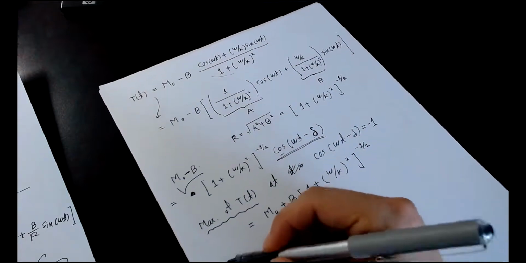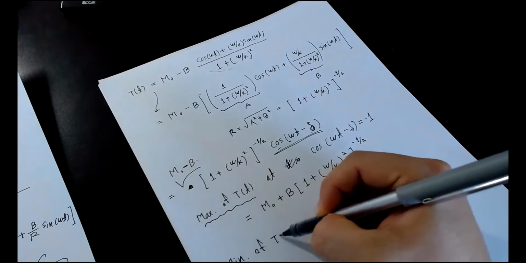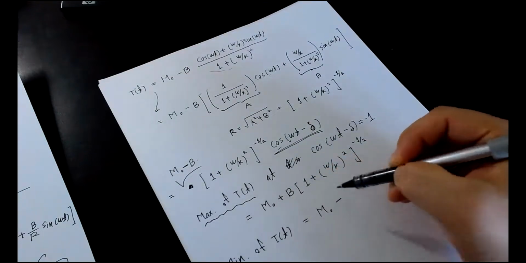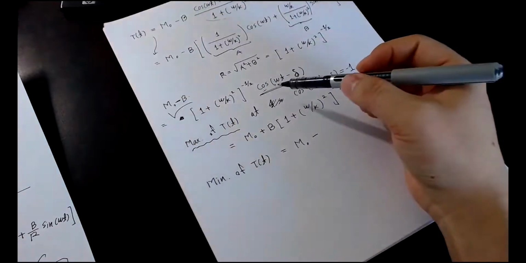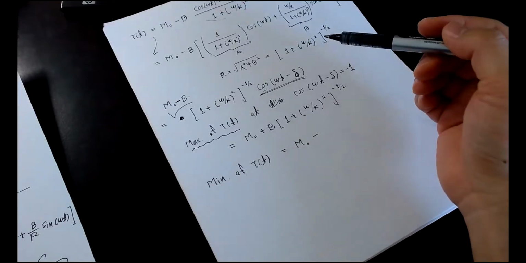And the minimum temperature T is equal to what? We're going to get the minimum temperature T when cosine wt minus delta is equal to 1.